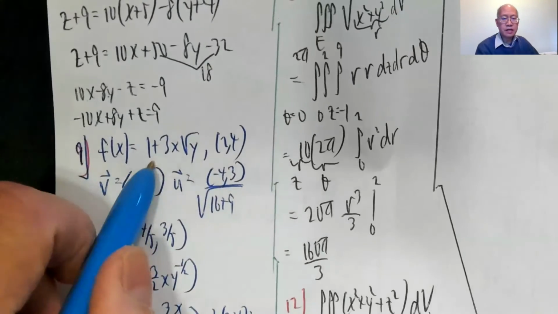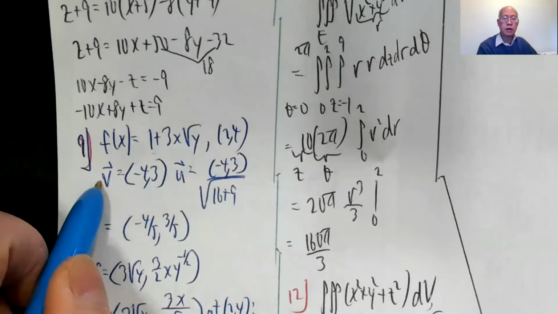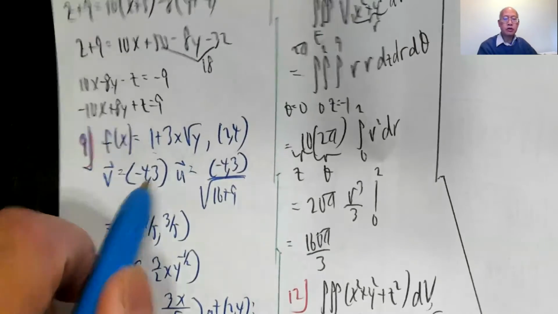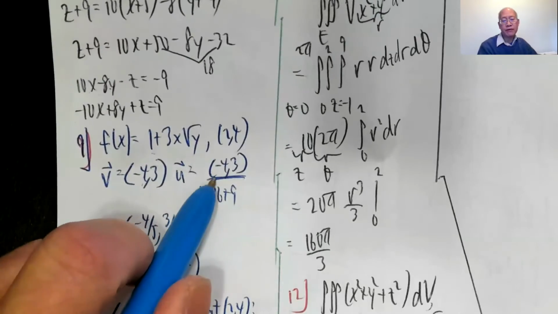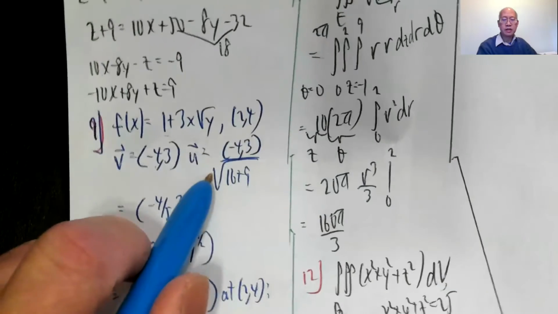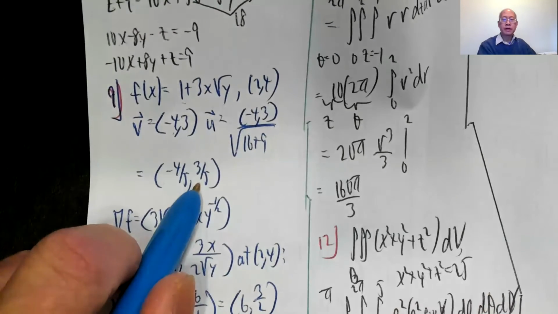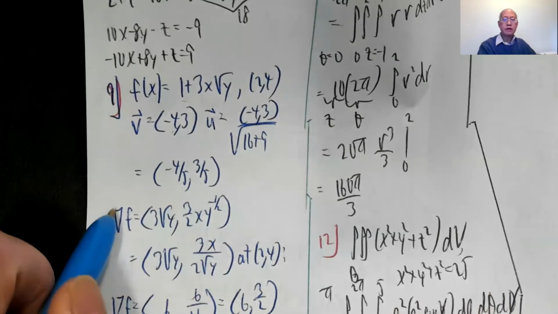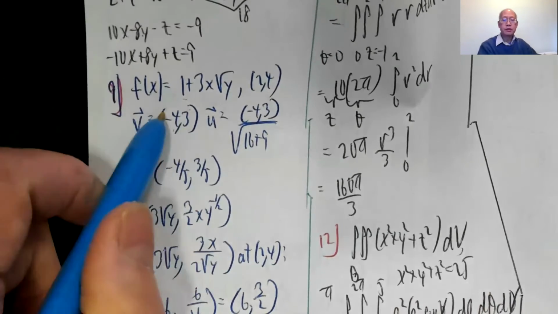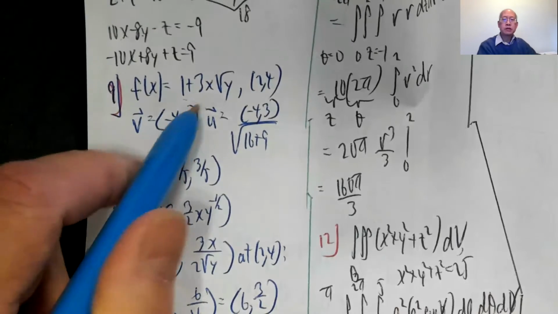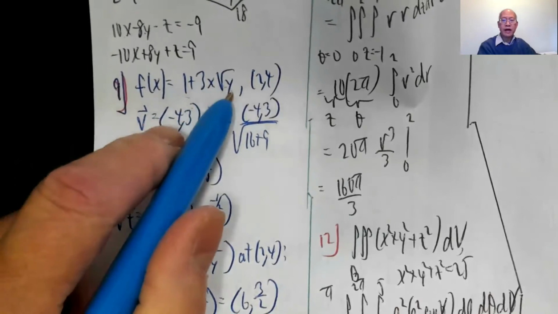Number 9, f of x is this at the point 2, 4. Vector is negative 4, 3. Unit vector is negative 4, 3 divided by 5. It's a 3, 4, 5, basically radical 16 plus 9. So negative 4/5, 3/5 is a unit direction vector. Gradient vector, del f: partial with respect to x is 3 radical y. Partial with respect to y, this is y to the half.